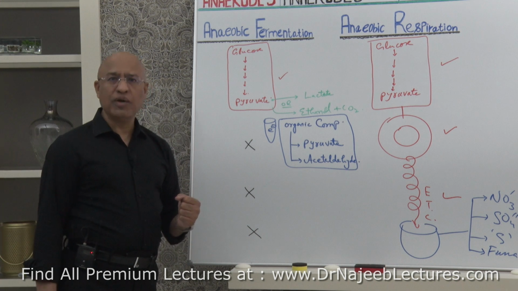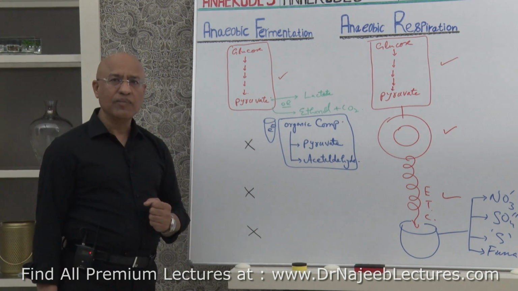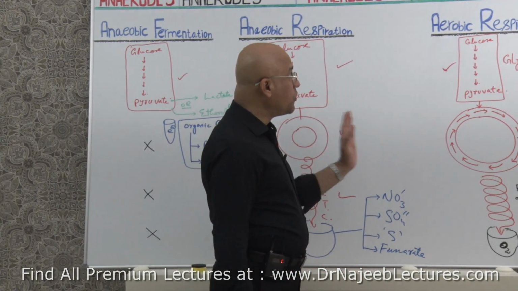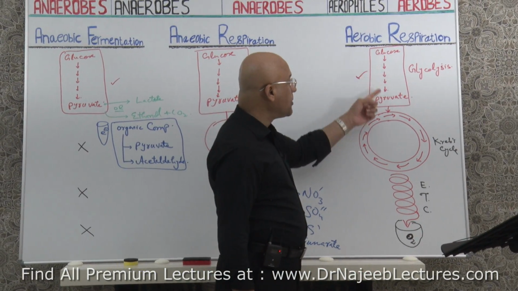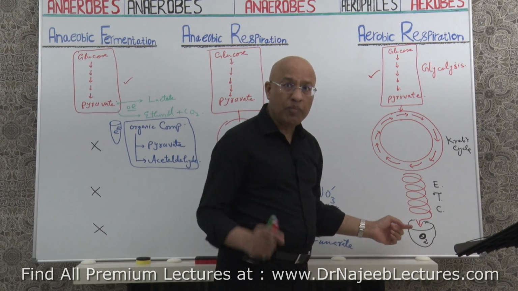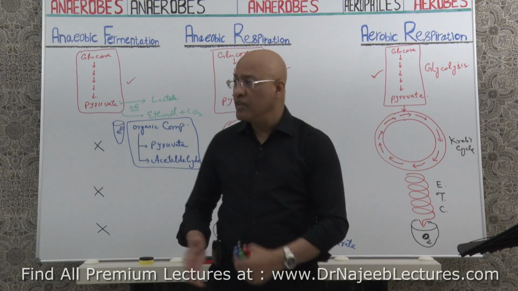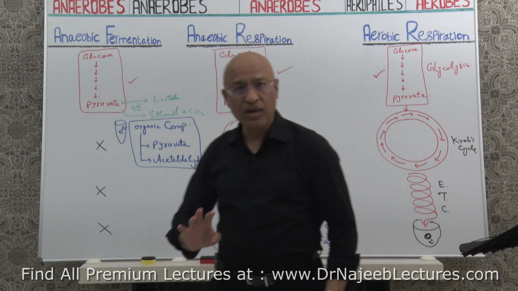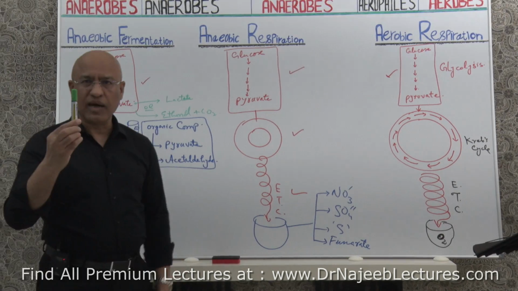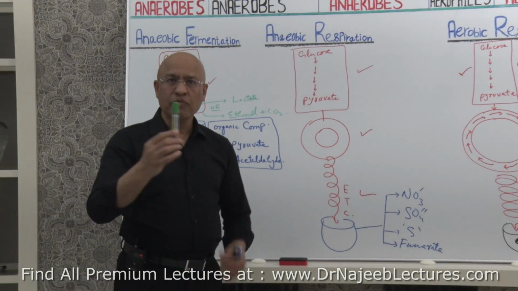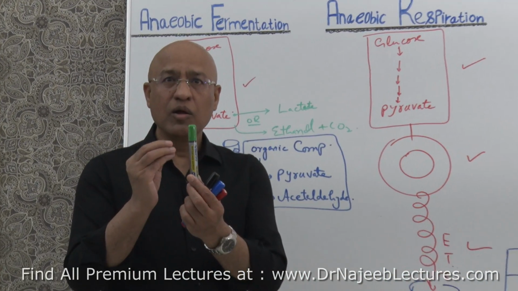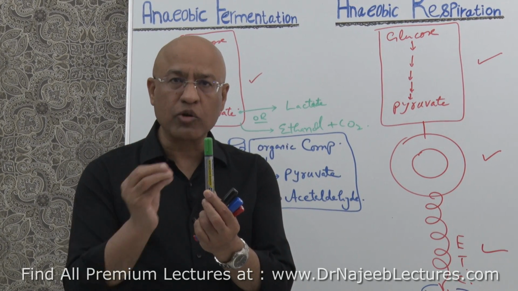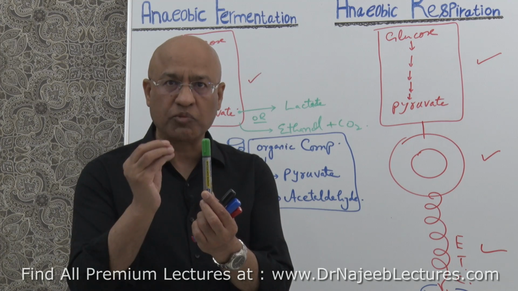Then there is another group of bacteria, we'll talk about them later. They are really very sharp. You know what they are doing? They have evolved fully to develop the aerobic respiratory pathway. But the clever thing is they still maintain anaerobic metabolic energy pathways, like anaerobic fermentation as well as anaerobic respiration.